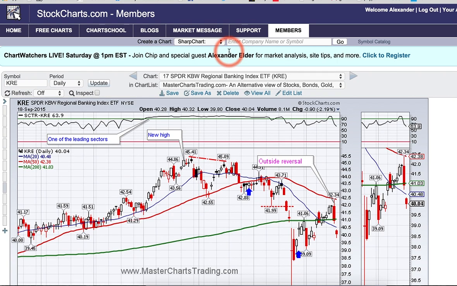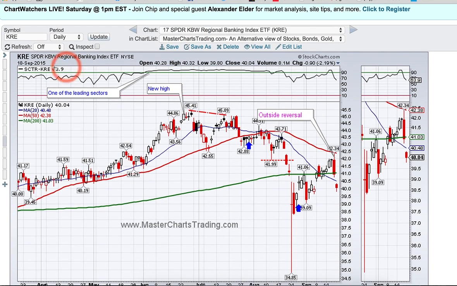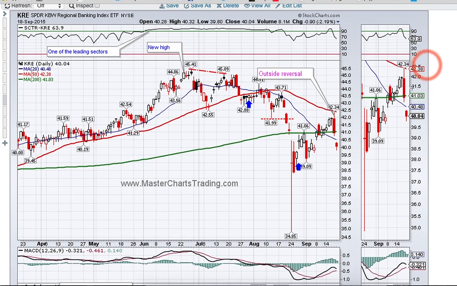All right, let's look next at one of the stock funds, which is KRE. This is a fund that holds a lot of small regional banks. What happened on Thursday is you can see there was a large red candlestick.